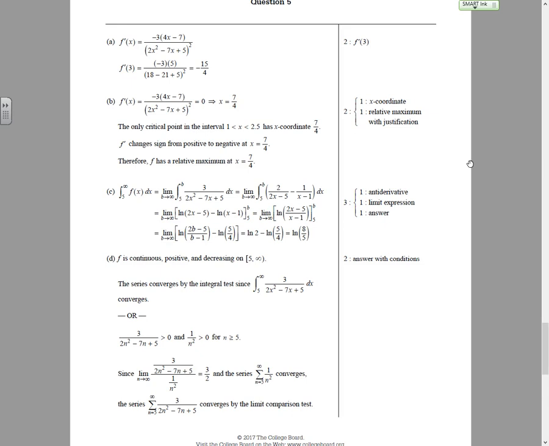So you just plugged in there, but then I said ln of infinity minus infinity is infinity. Oh, it's indeterminate. So as long as you got this right, you would have gotten the antiderivative point, and then you would have gotten the limit expression if you actually wrote it as a limit. But you would miss the answer point.